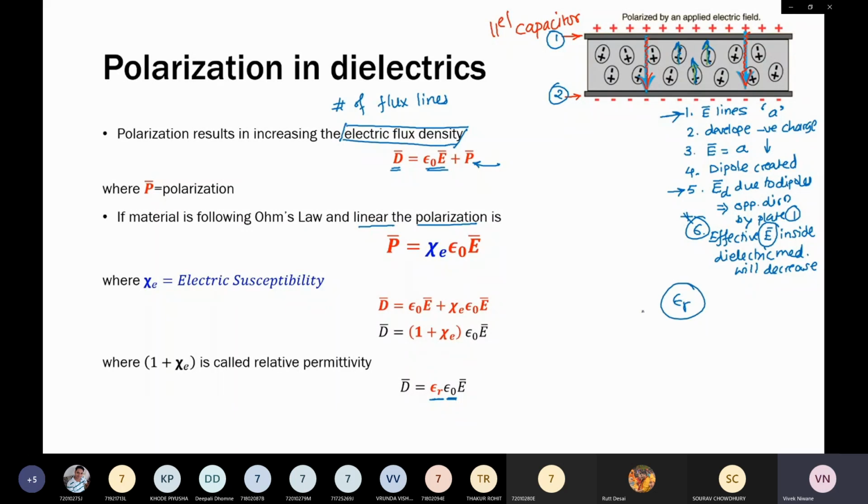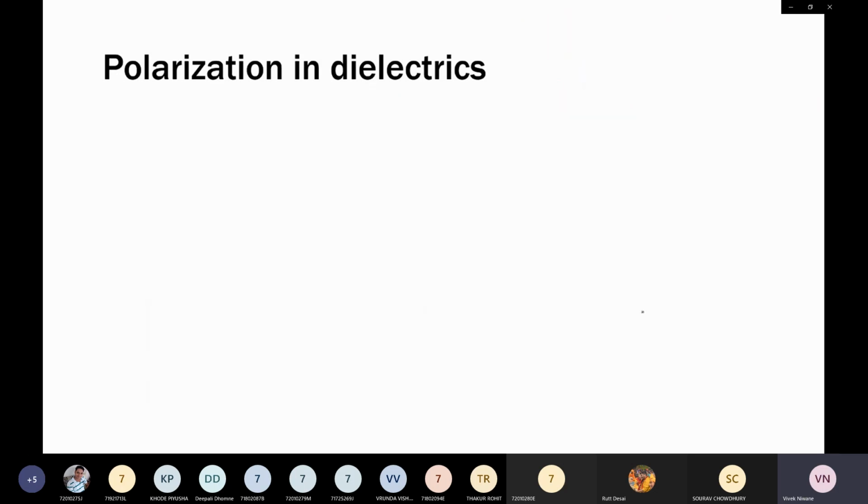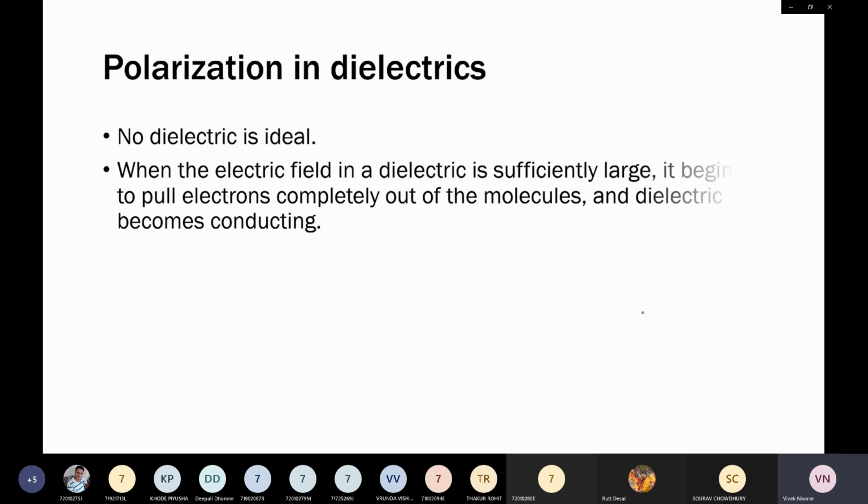So that was all part of the atomic nature under the influence of an electric field. Polarization in a dielectric is quite interesting, but since no dielectric is ideal, when the electric field in a dielectric is sufficiently large, it begins to pull electrons completely out of the molecules and the dielectric becomes conducting.